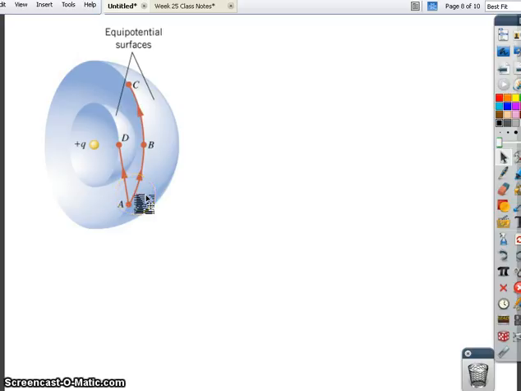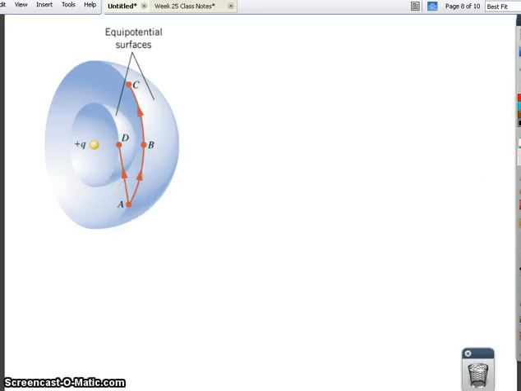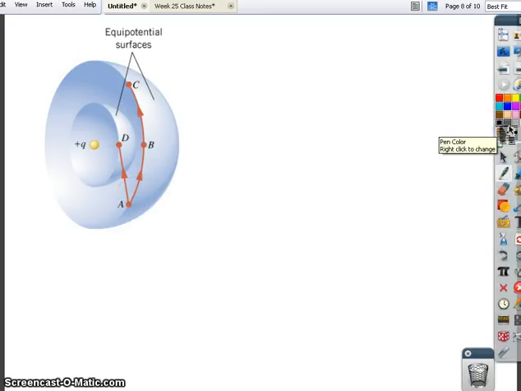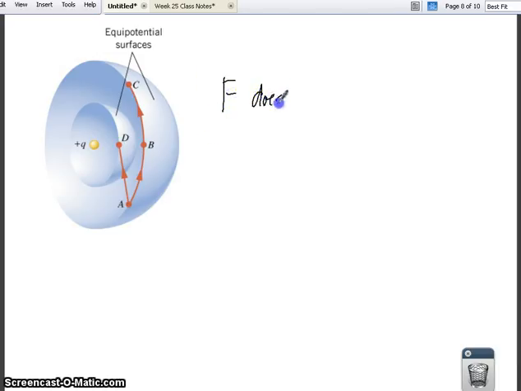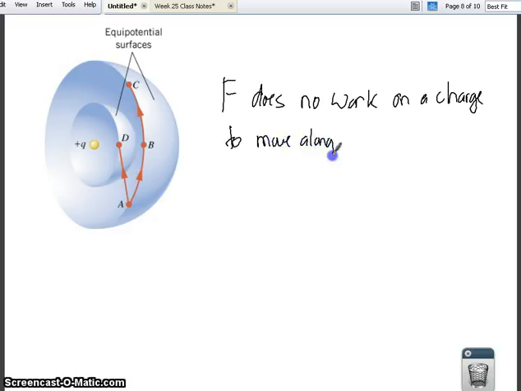Our first characteristic of an equal potential surface is that the electric force does no work on a charge to move along the surface.